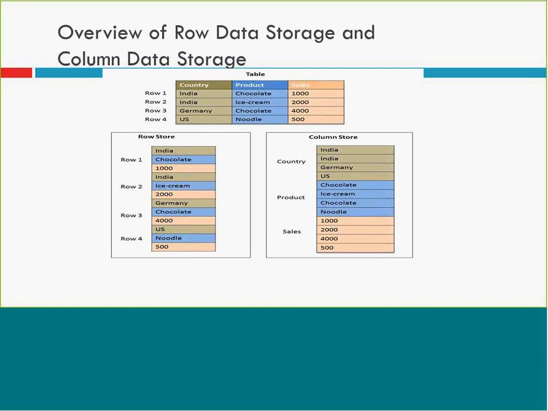It stores the table records in a sequence of rows, and the column storage stores records in columns in a sequence, that is, the entries of a column are stored in contiguous memory locations. In our picture, the table contains rows and columns, four rows with the columns currently product and sales.